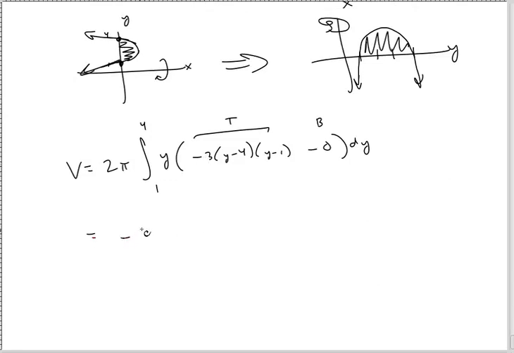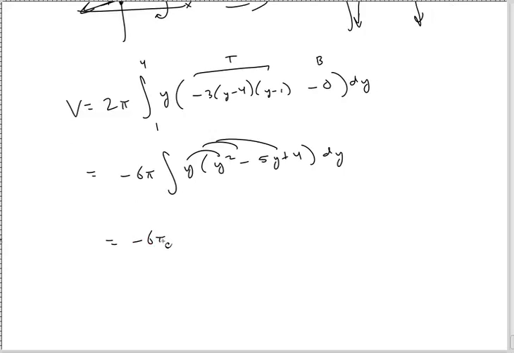The negative 3 can come out. And then I have no better option than to refoil that stuff and then distribute. And then integrate.